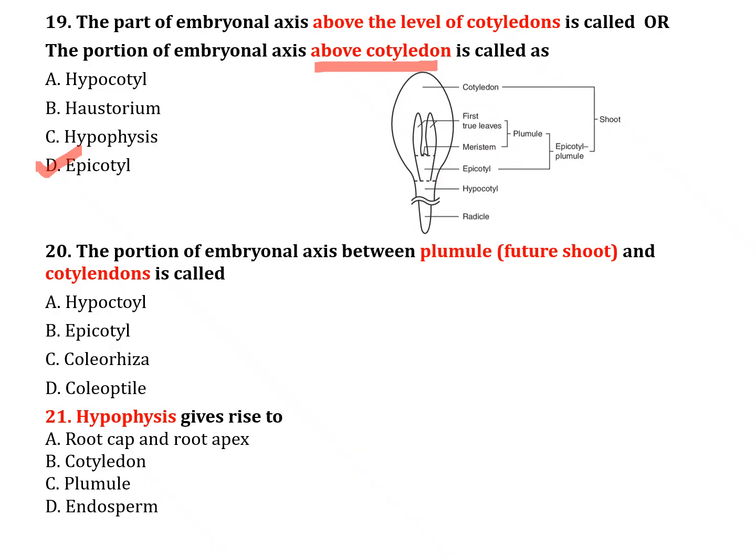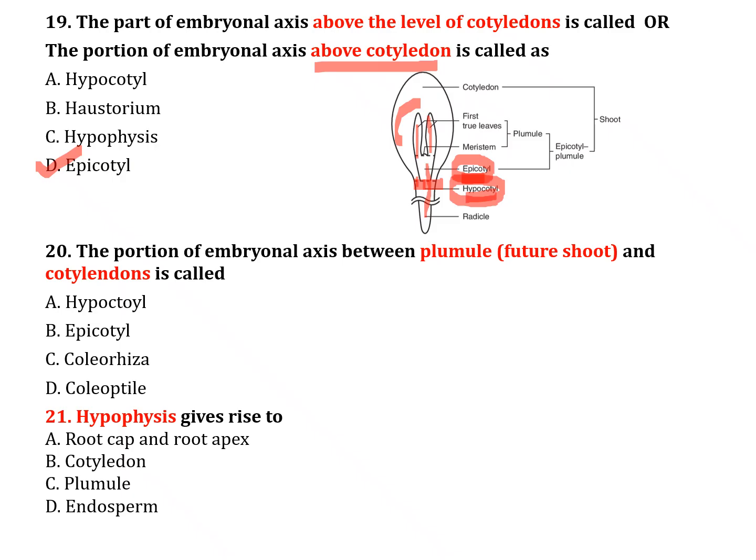This is the cotyledon. This is the epicotyl and this is the hypocotyl. This is the embryonal axis. Above the level of cotyledon is called epicotyl and below the level of cotyledon is called hypocotyl.